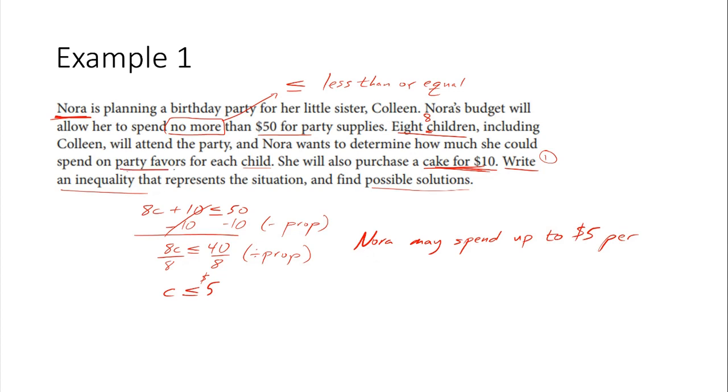Party favors. Party favors for kids. So could she spend $4 per kid? Yeah, she could totally do that. Could she spend $3? Sure. And then the max is, of course, $5. So that's the idea of inequalities.